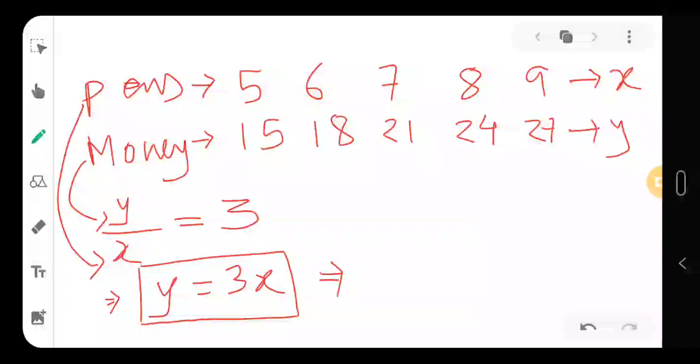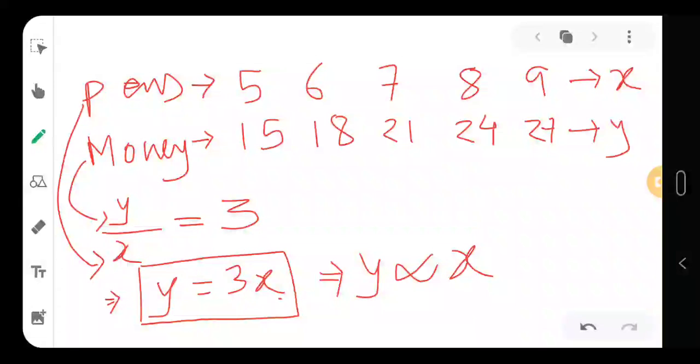So y is dependent on x, and in this case, if you have two quantities like this with a multiplicative constant like 3, 5, whatever constant, any integer value or any fractional value, but it has to be a constant that is multiplied with another quantity, then you can say that y is proportional to x.